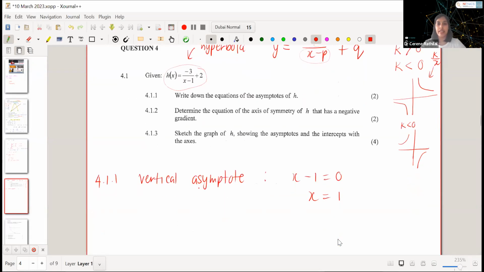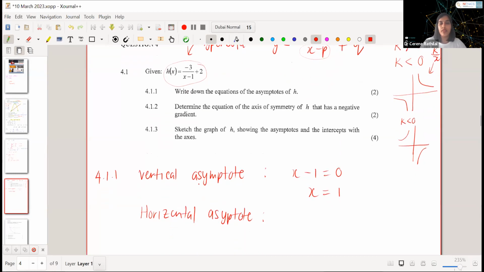So that's my vertical asymptote. Our horizontal asymptote is given by y equals q, and we see that this is y equals positive 2. So these are the asymptotes that we were requested to find.